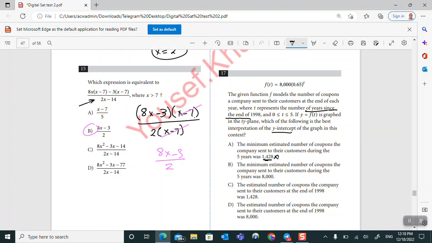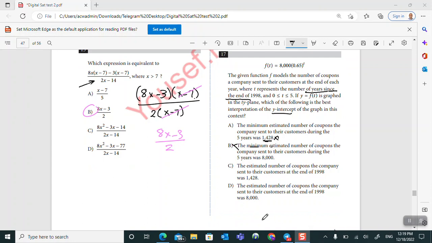So here we have the minimum also, which is incorrect. Here we have the estimated number of coupons the company sent to the customers at the end of 1998 was 1428, which is incorrect since the initial value is 8,000.